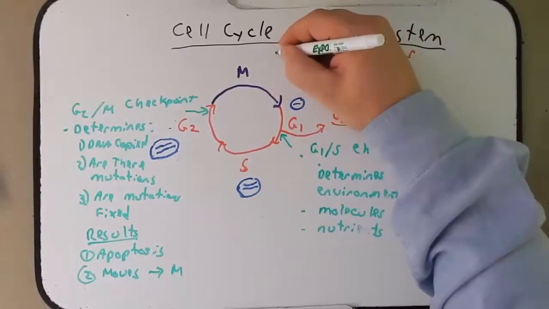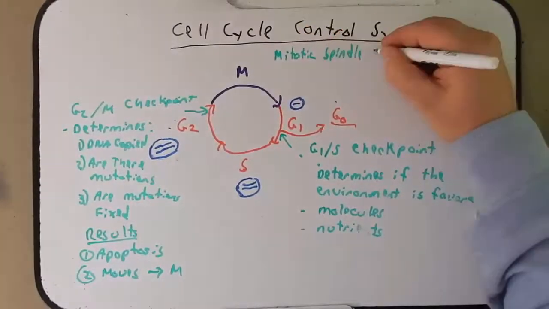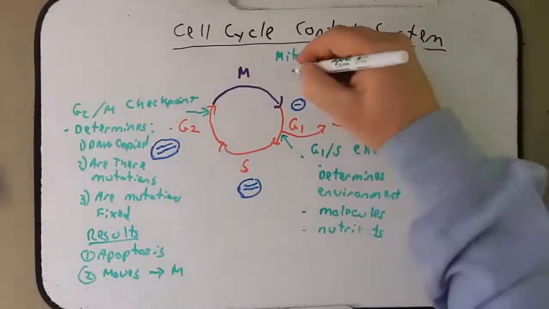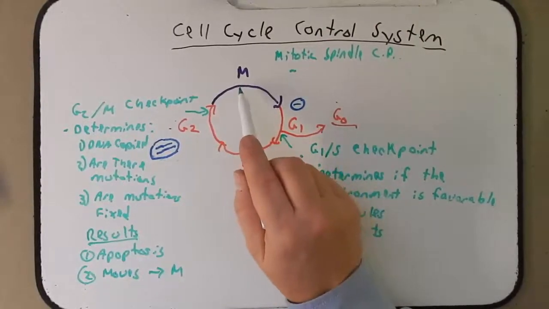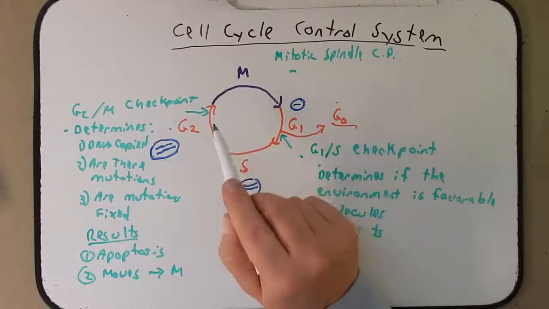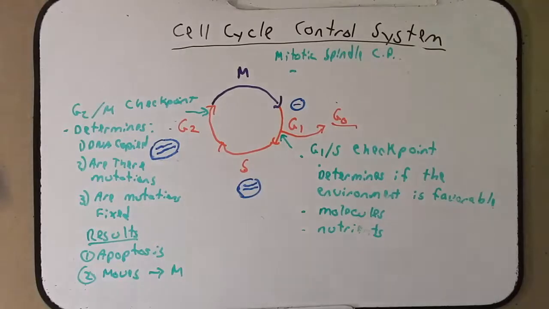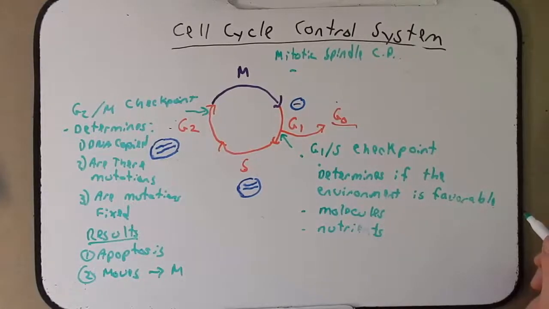But this is the mitotic spindle checkpoint. What happens here is, and when we talk about mitosis, it'll make a little bit more sense, but during mitosis, as the cell is beginning to pull those chromosomes to separate poles of the cell, each of those chromosomes has to be attached to a spindle fiber.